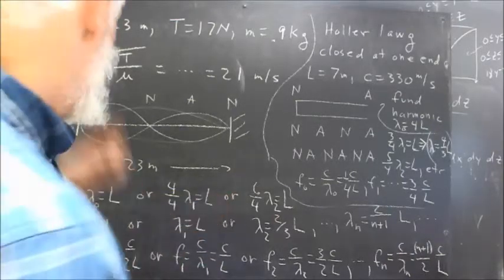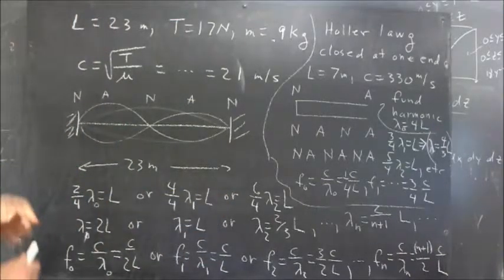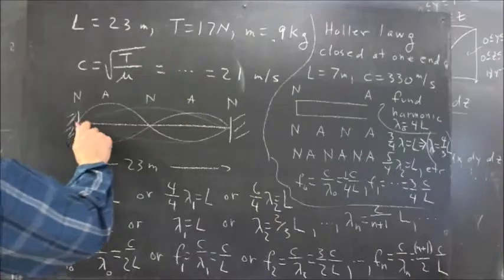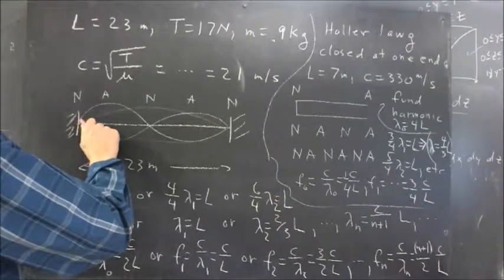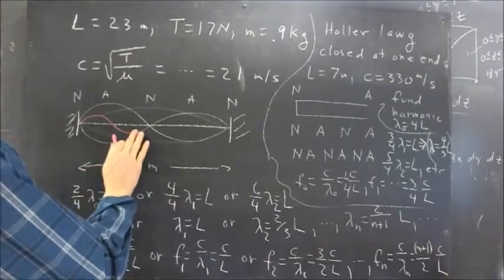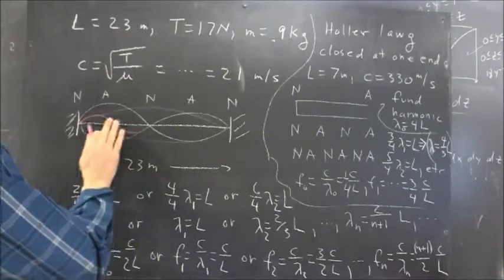Or we could have 6 quarter wavelengths. I'll draw that one within this one. So let's see, we're going to have this. No, I'm getting the wrong one. Okay, did it wrong.